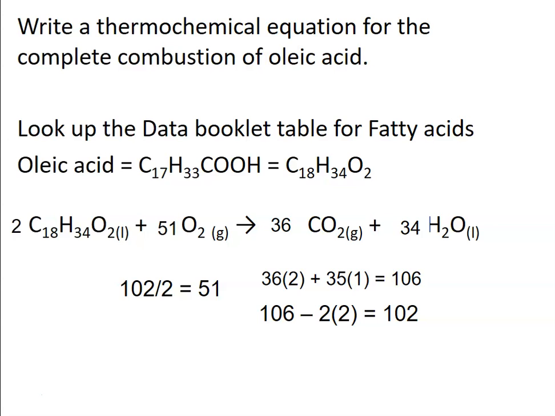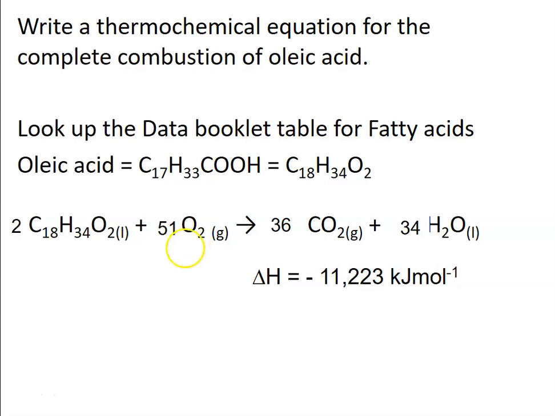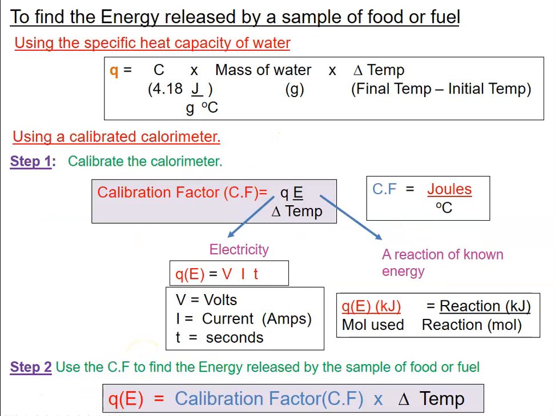Alright, so if you do the change in H just for how many kilojoules for every 1 mole, then if we were doing the complete combustion reaction, we've got 2 moles, so you'd need to double this. I think that is it. Yes.